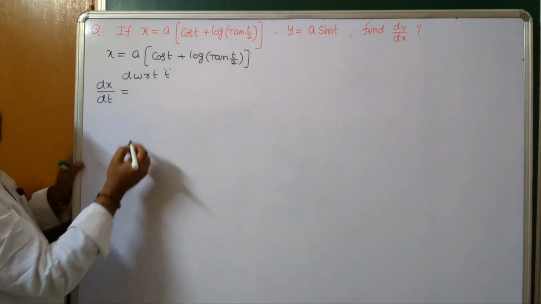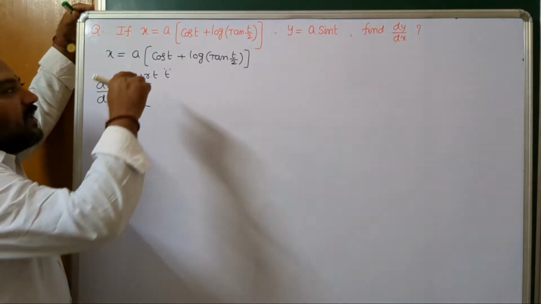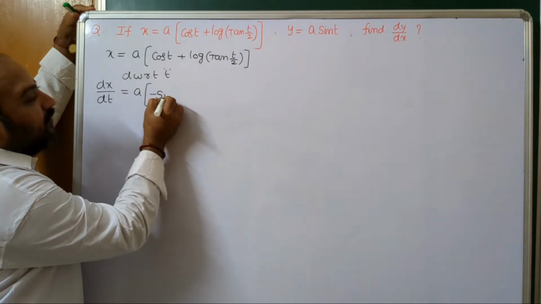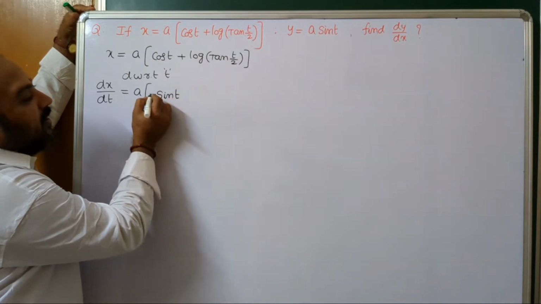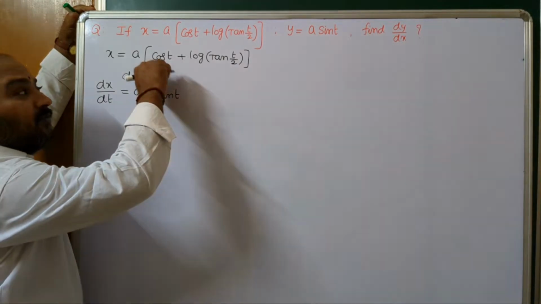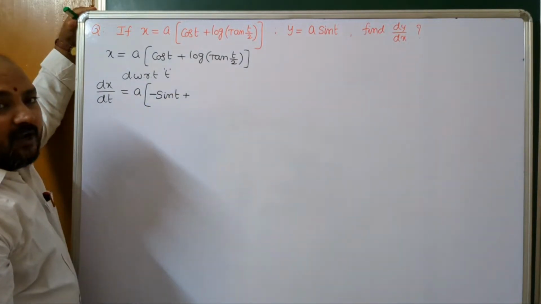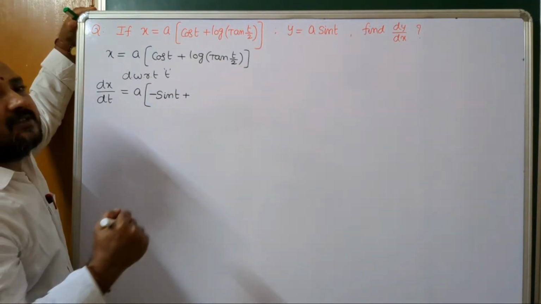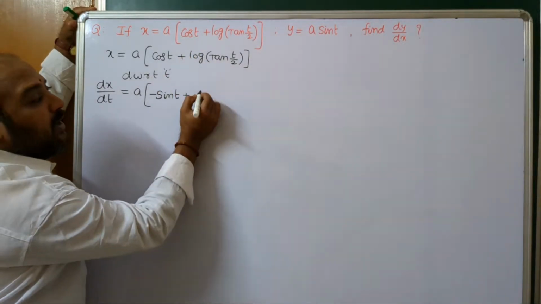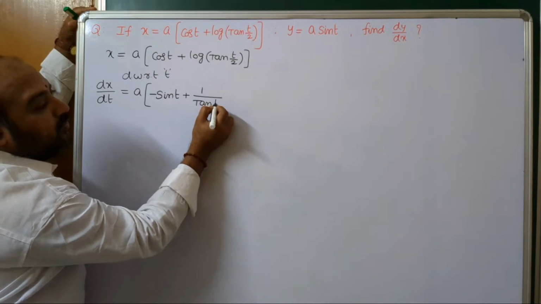Okay? a into, keep bracket. What is d by dt of cos t? Minus sin t. Sorry, d by dt of cos t is minus sin t. Plus d by dt of log x is 1 by x. So d by dt of log tan t by 2 is 1 by tan t by 2.